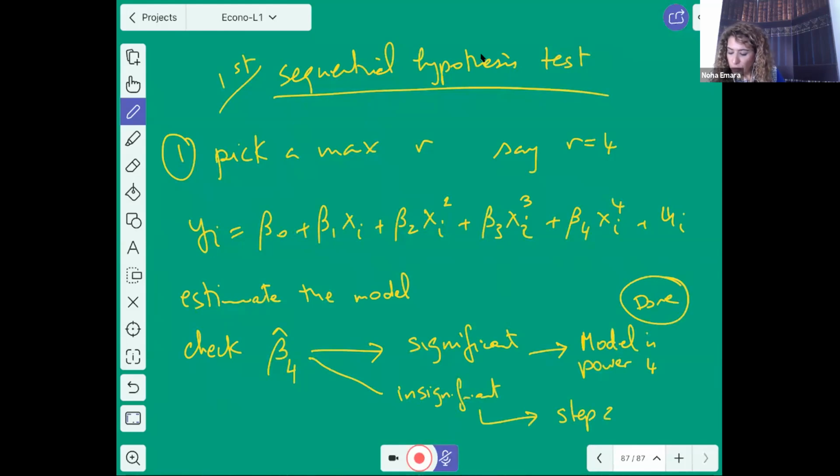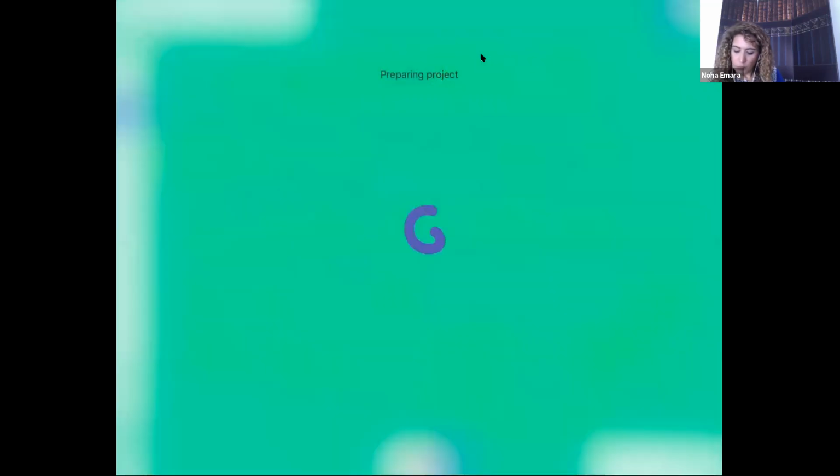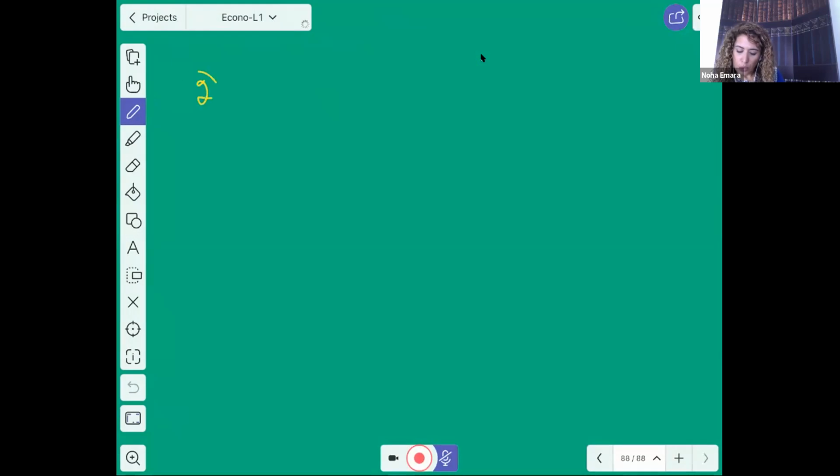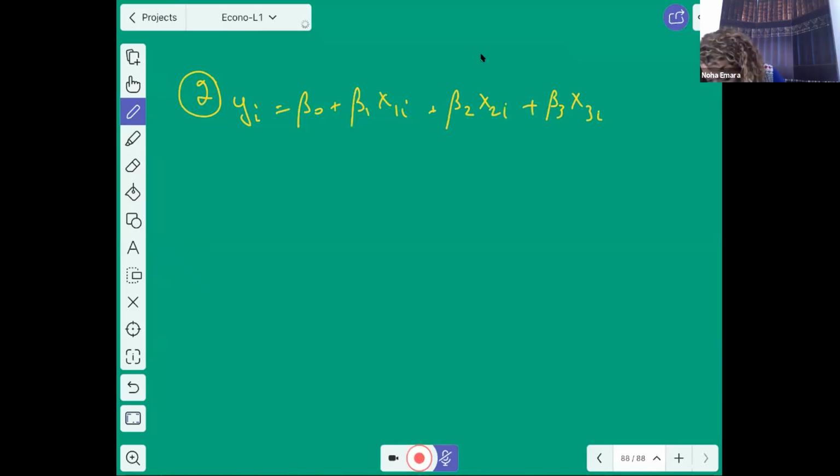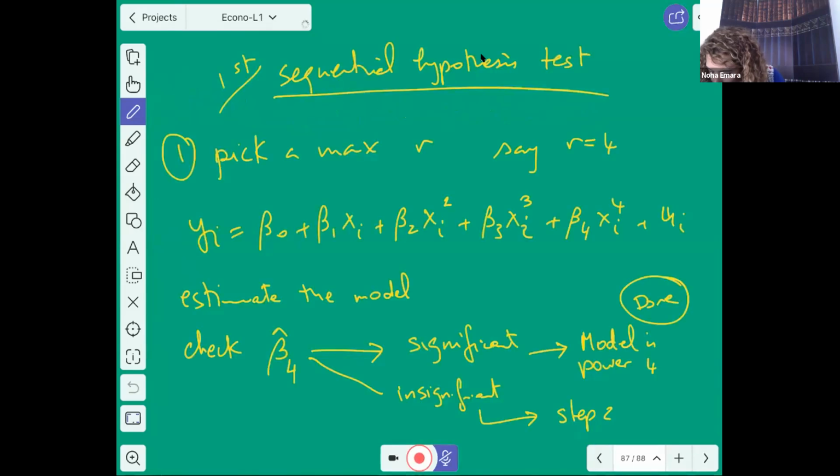So in step 2, you estimate a smaller model, yi equal to beta naught plus beta 1 xi plus beta 2 xi squared plus beta 3 xi cubed plus ui.